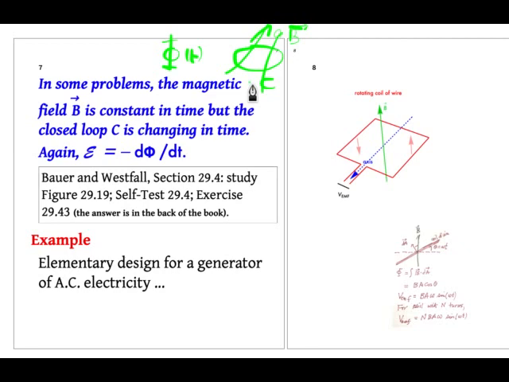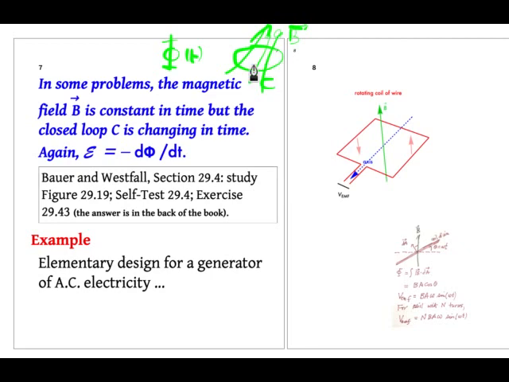So you could have a strong magnetic field here and a weaker magnetic field over here. And what would happen if you pull this circuit or this loop out of the magnetic field? Well, then the flux through the loop will be decreasing because you're pulling it out of the field. So there's less and less field going through the loop.